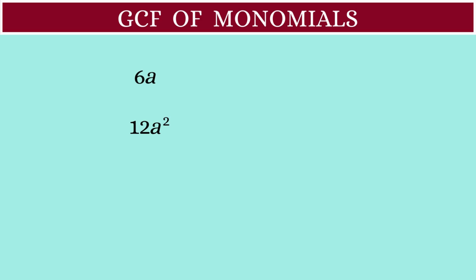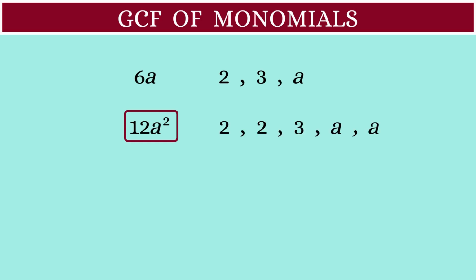First, we list down the factors of both these terms. 6a has the factors 2, 3 and a. 12a square has the factors 2, 2, 3, a and a.